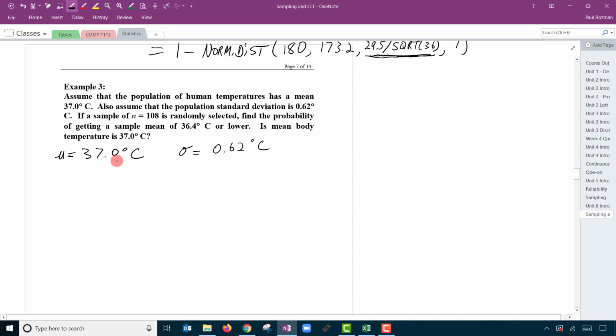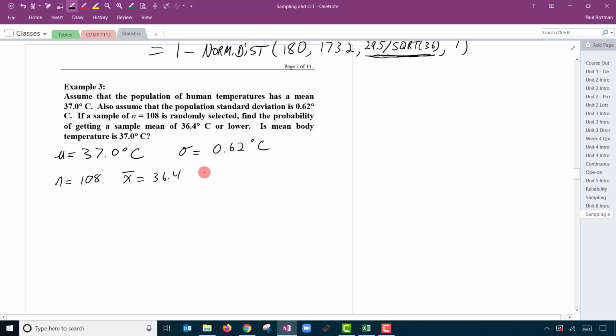So let's do a study. I get 108 random people, measure their temperatures accurately. I have a whole list of 108 values. Here's my experiment. Then I calculate x bar, which is 36.4 for my group.